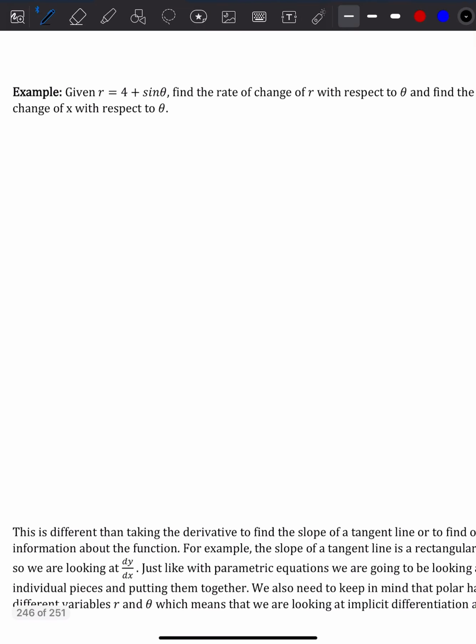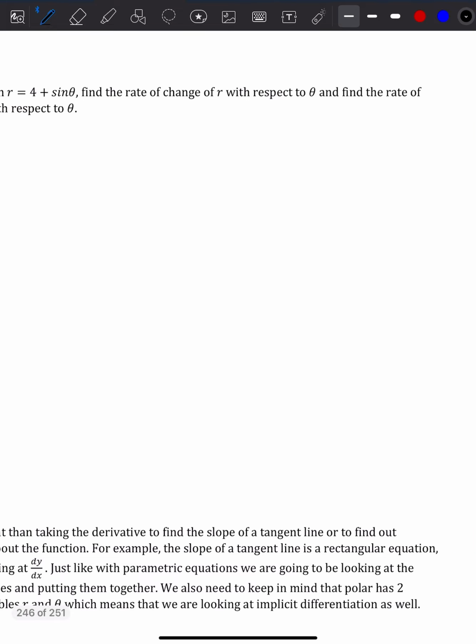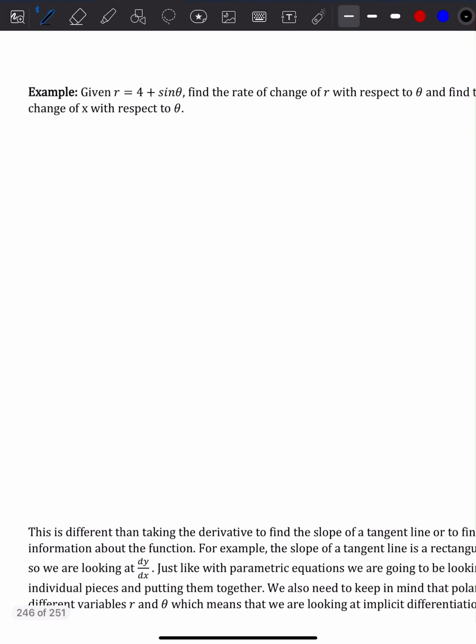Okay, so given r equals 4 plus sine of theta, find the rate of change of r with respect to theta, and find the rate of change of x with respect to theta. So the big thing that we're going to want to think about here when we're doing these problems is just what it's asking.